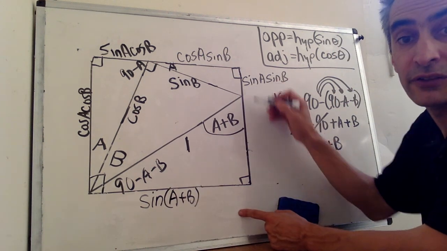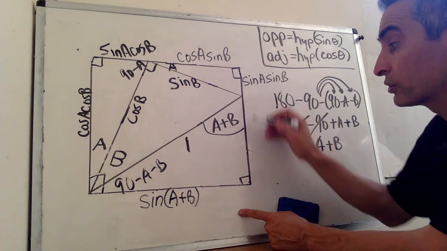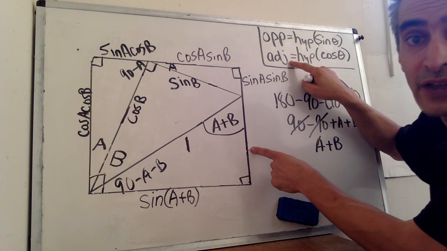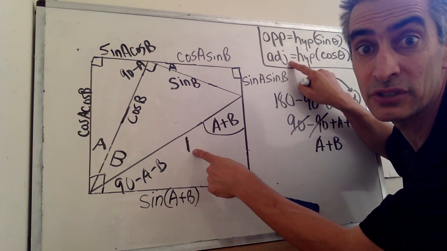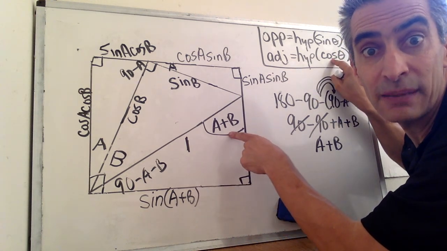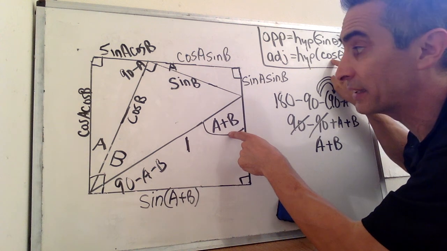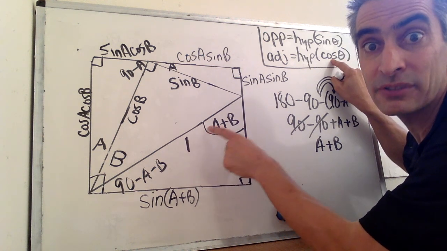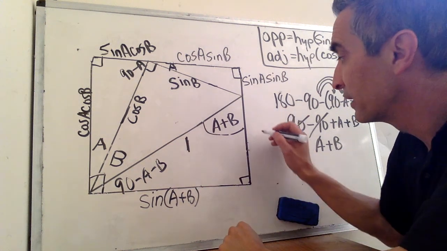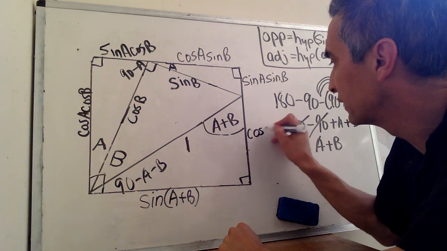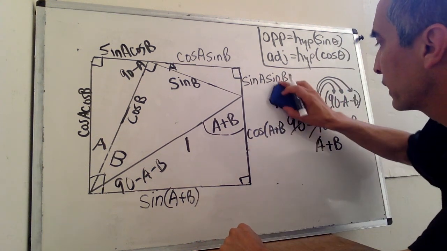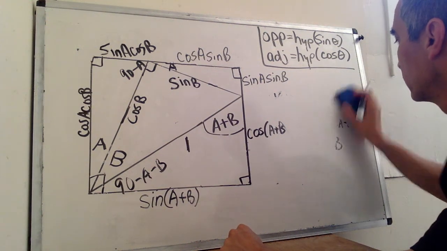And now we have to figure out this adjacent side. Of course we use our adjacent formula, which says the adjacent equals the hypotenuse, which is 1, times the cosine of the angle, A plus B. So we have cosine of A plus B right here. Now we can erase all this right here.